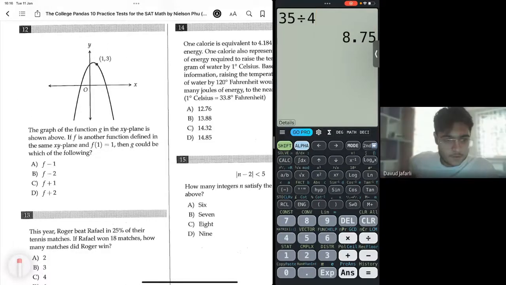The graph of the function g in the xy plane is shown above.